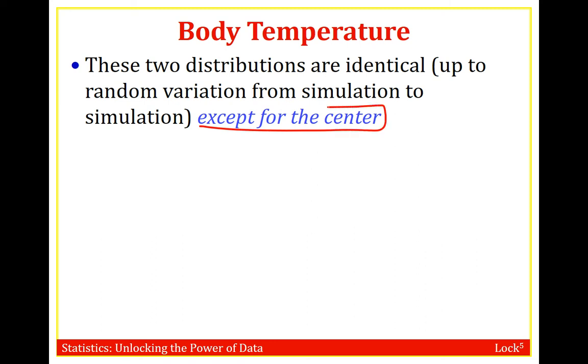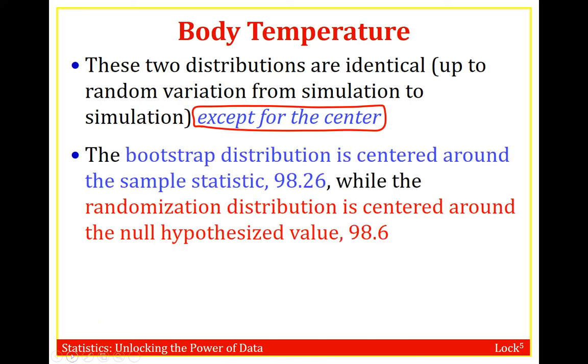Again, Bootstrap at the statistic, at the sample, and distribution of the null around the center, which is H of O. It says the Bootstrap's distribution will be centered around the sample statistic, 98.26, because that was the measurement that was taken, while the randomization distribution will be centered around the null hypothesis at 98.6.